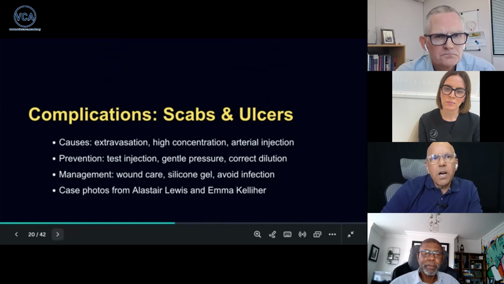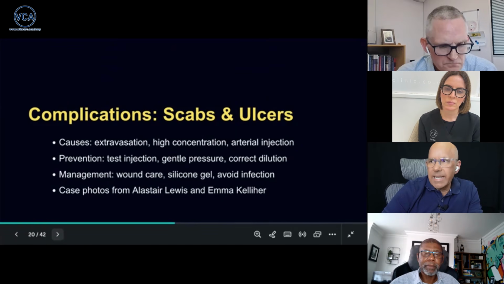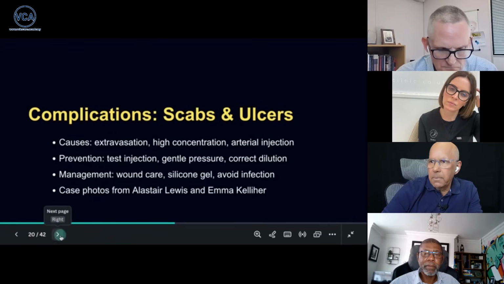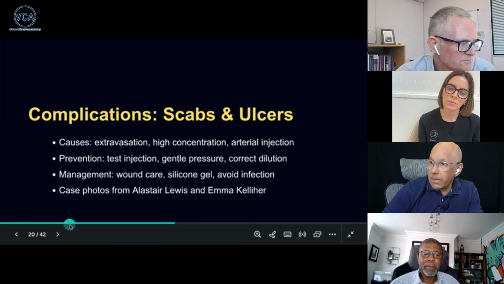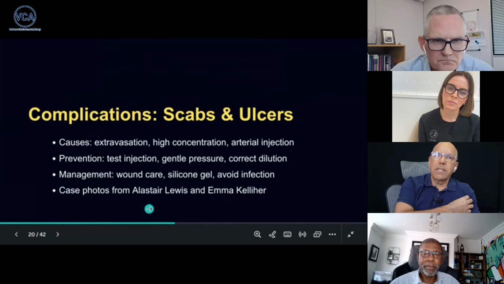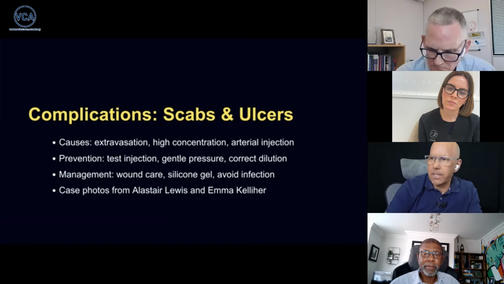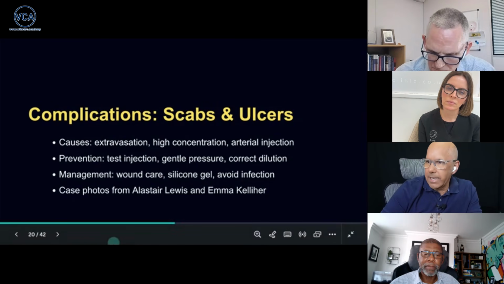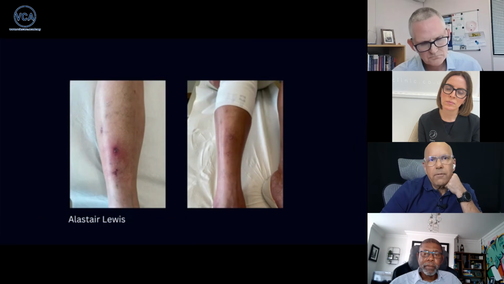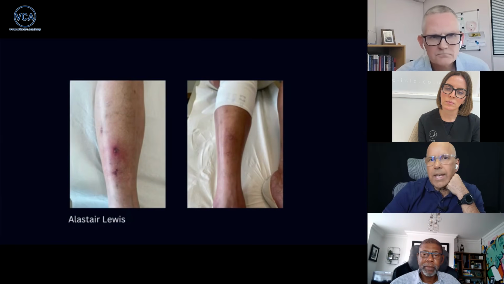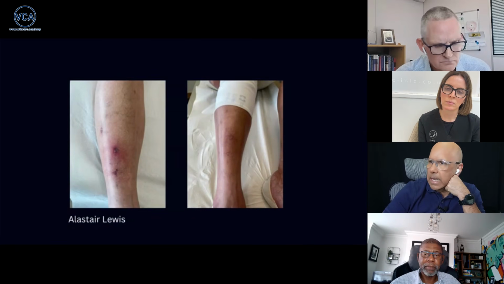Most complications are minor. We don't see things like scabs and ulcers very often, but when they do happen, we remember them. Emma and Alistair Lewis have very kindly shared photographs of their cases. Alistair Lewis is the chairman of the BAS. He's not here with us today. Alistair warns us that we should be very careful when we're treating small spider veins on the anterior shin area.